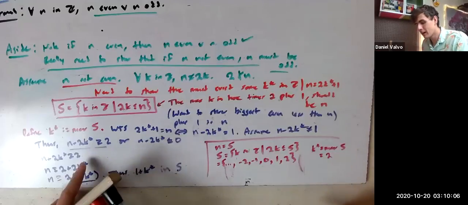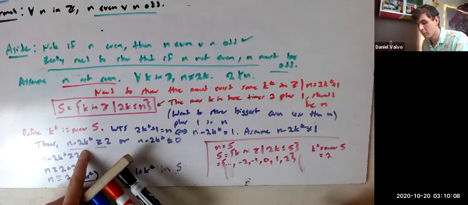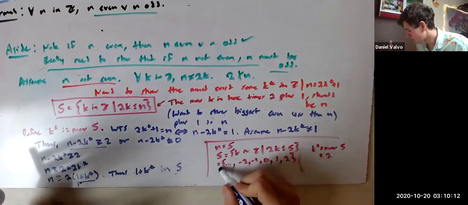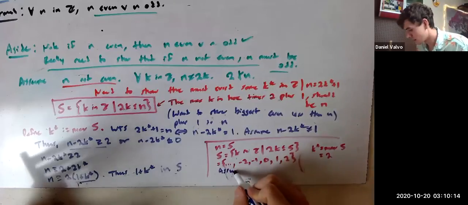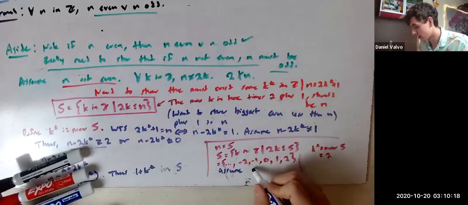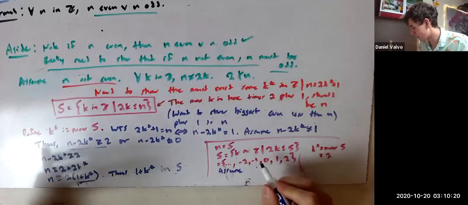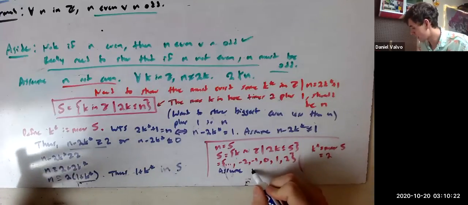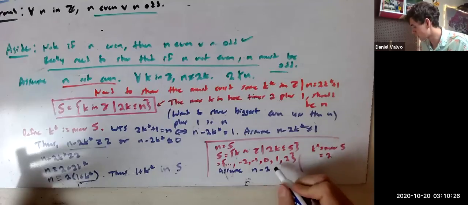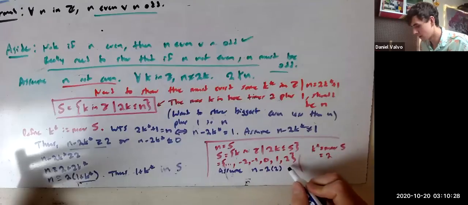But then, let's assume, we're under this assumption. Assume that n minus 2k star, which is 1 in this case, is greater than or equal to 2.